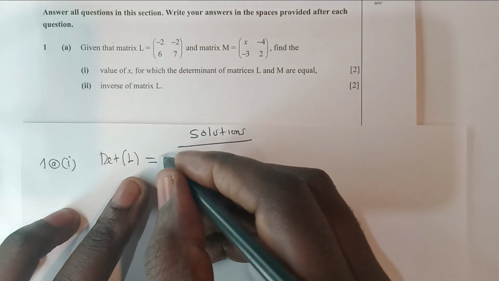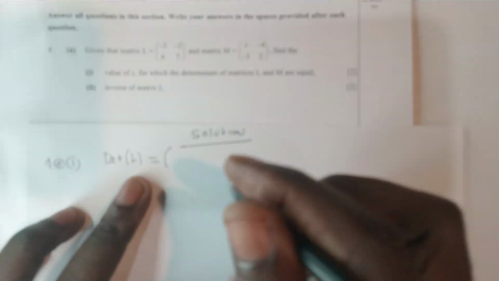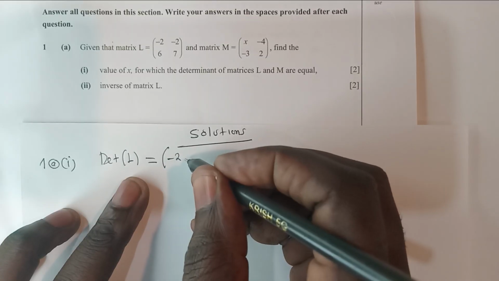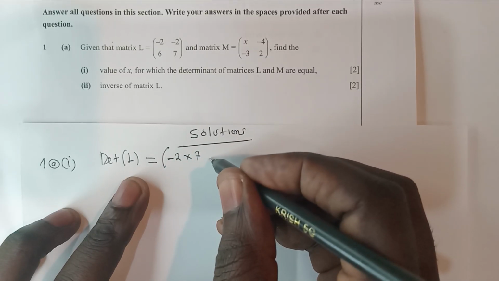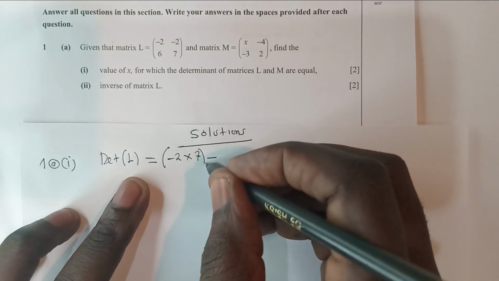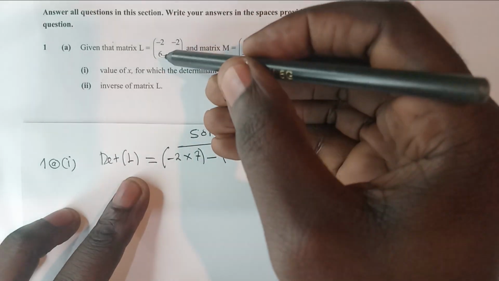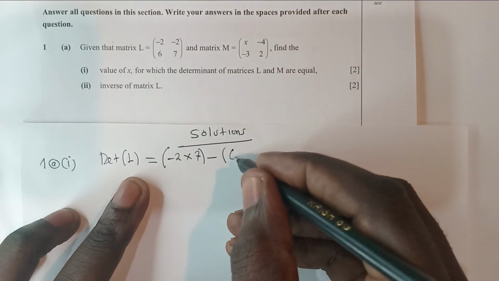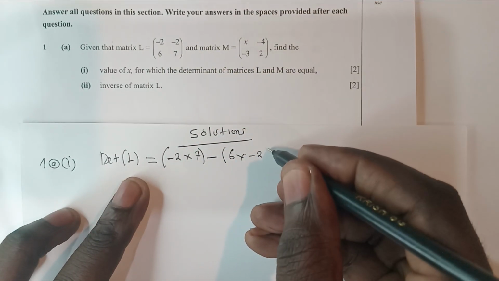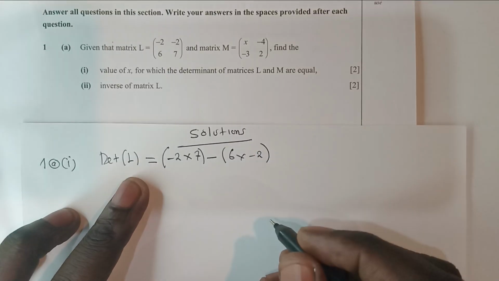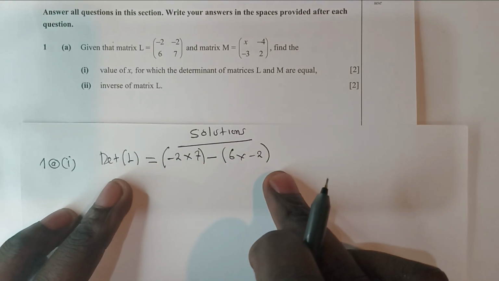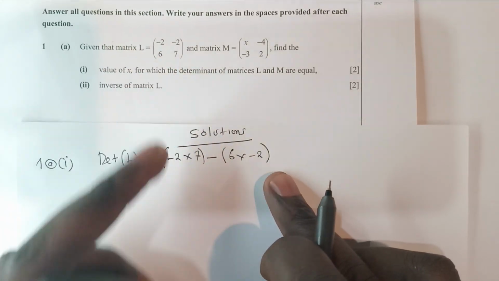So we are saying determinant of the matrix L is equal to -2 times 7 minus the other part for the minor diagonal, it is 6 times -2. So this is for the matrix L.